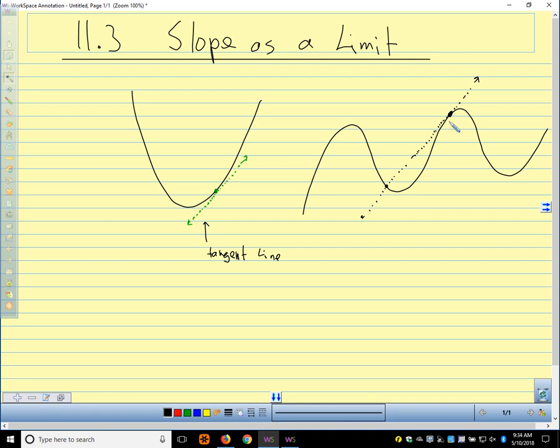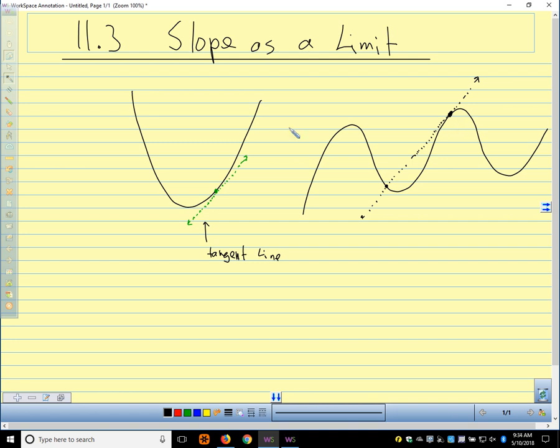Now, the reason that we're interested in the slope of that tangent line is the slope tells us about how that function is changing at that point. If the slope is high, that means the function is changing rapidly. It's going uphill. If the slope is low, it's not changing very much.